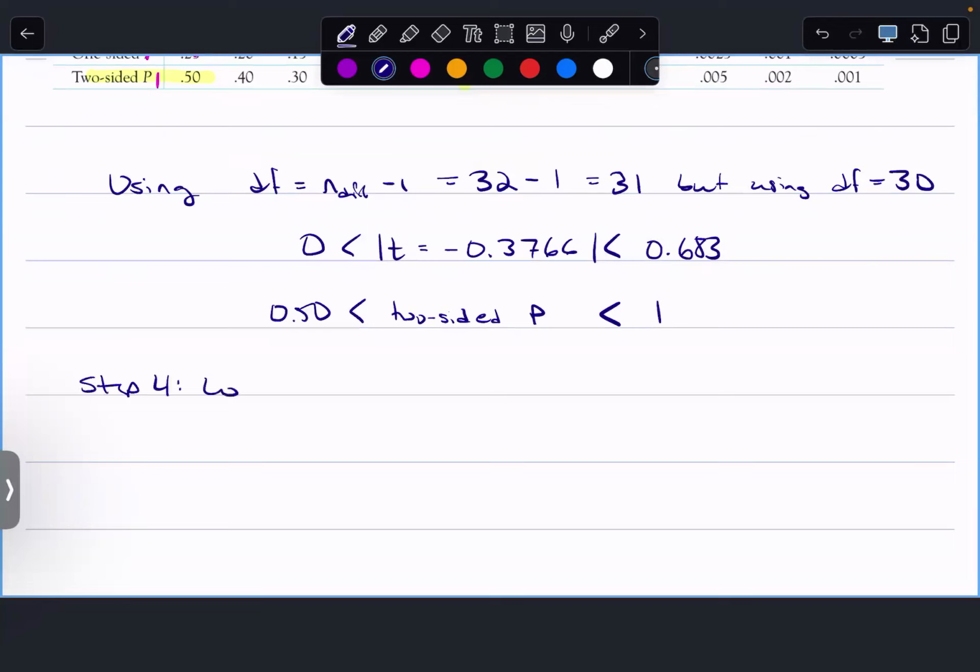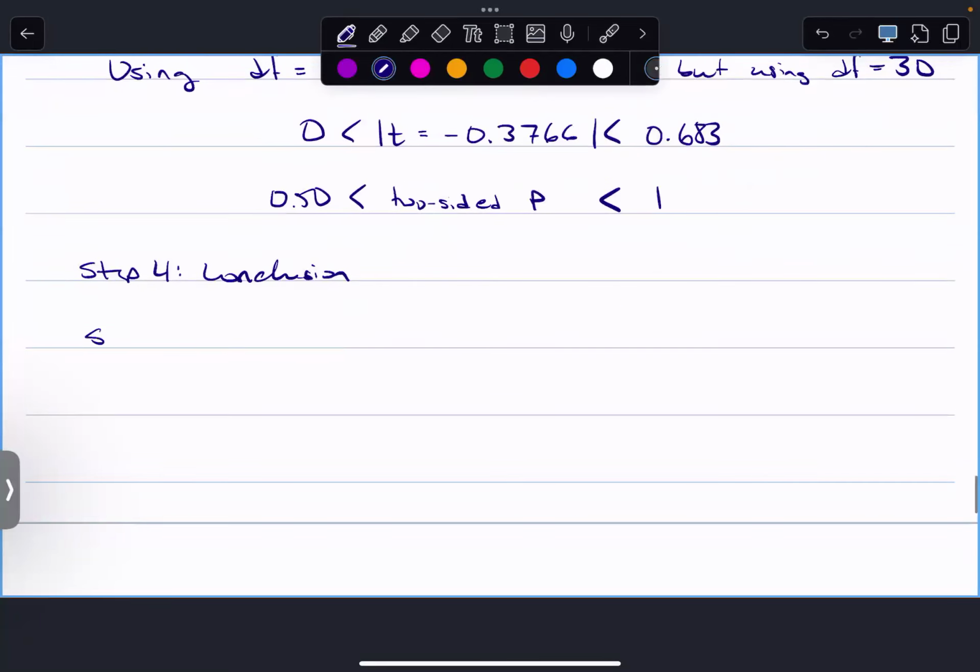step 4 is our conclusion. We always use the same blurb, right? First, you're going to compare your p-value to the alpha level.